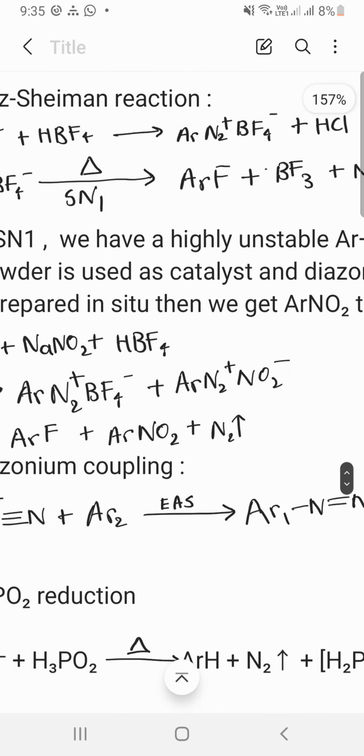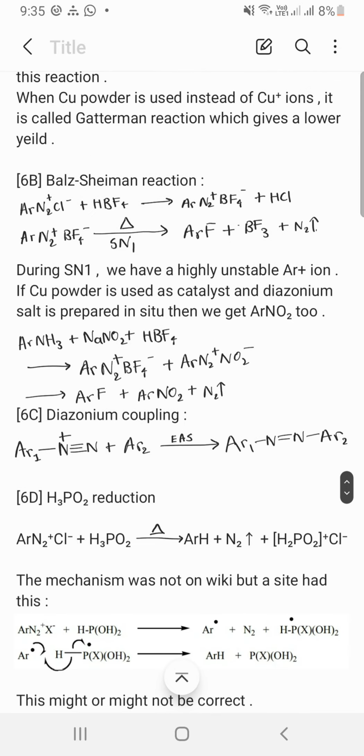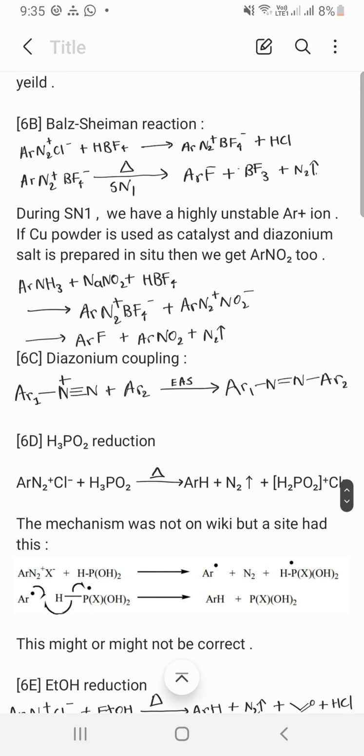Essentially that's what's happening. So we get ArF plus BF3. During SN1 we have a highly stable Ar plus ion. If copper powder is used as a catalyst and diazonium salt is prepared in NaNO2, then we get ArNO2.